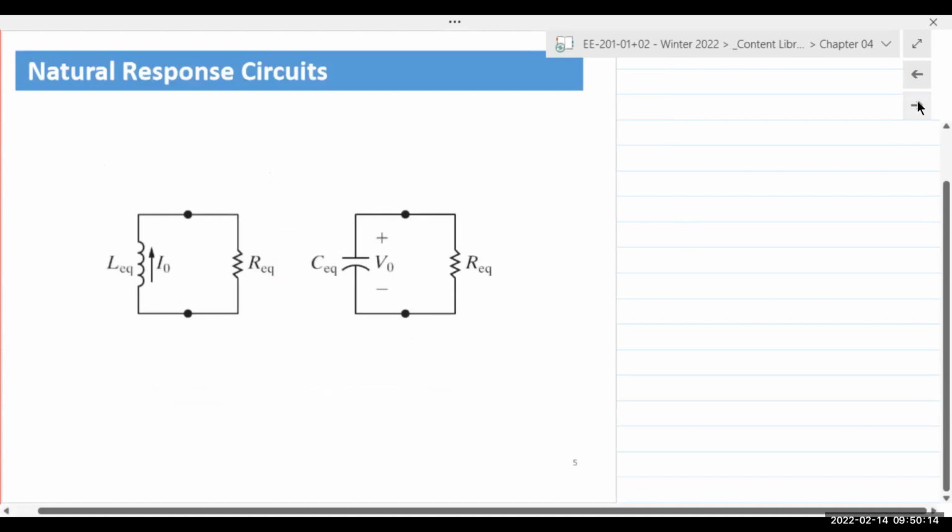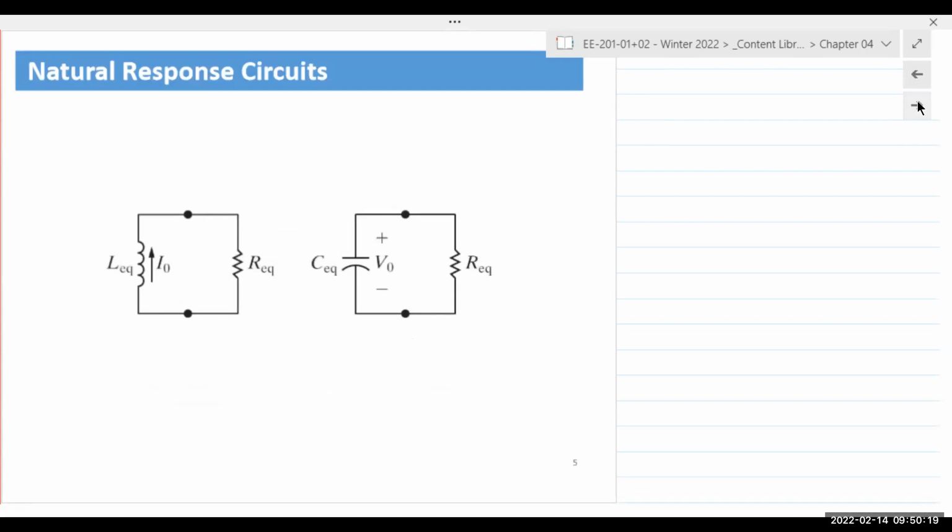So natural response circuits, the simplest circuit possible. Basically, you have a component, inductor or capacitor, and you connect it across the resistor. And all of the energy that is present in those inductors or capacitors is now slowly released into that resistor. And the resistor dissipates the energy as heat.